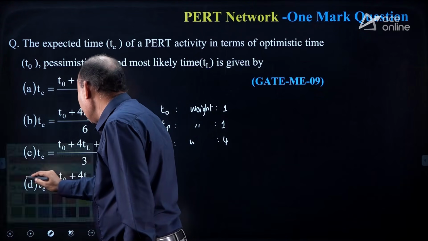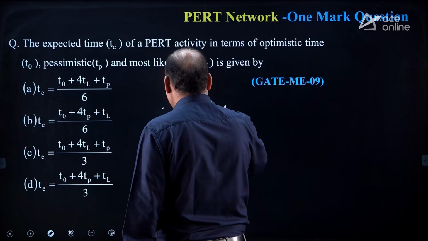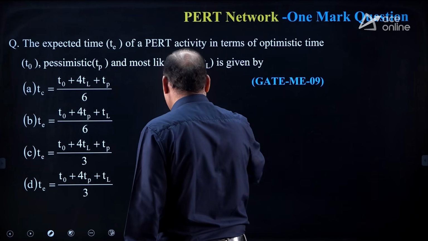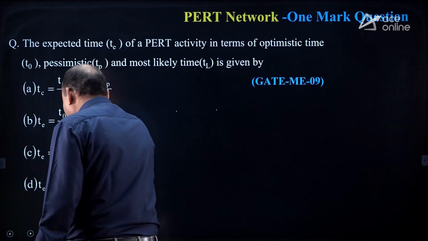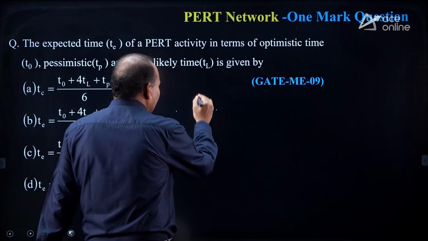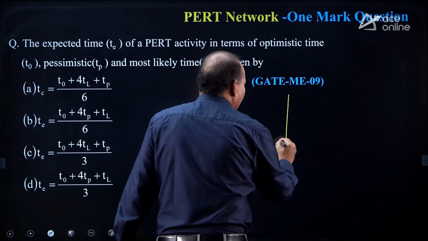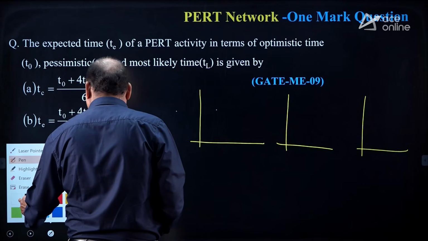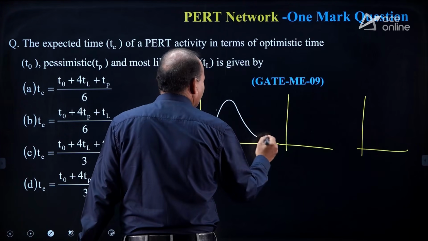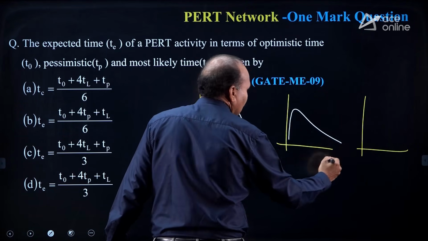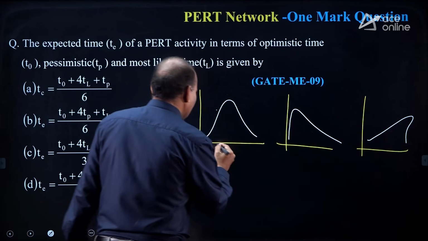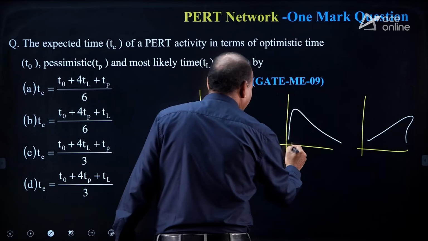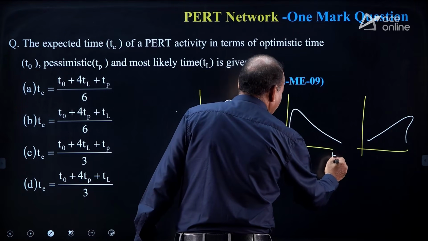Why these weights? When we take the graph, it could be symmetric or skew symmetric. What kind of pattern do we generally get?